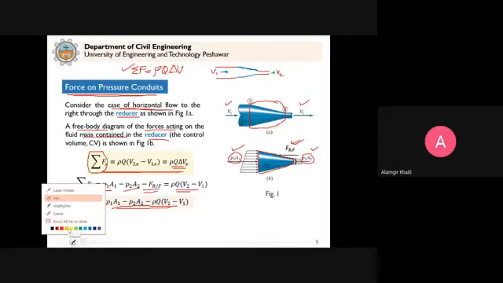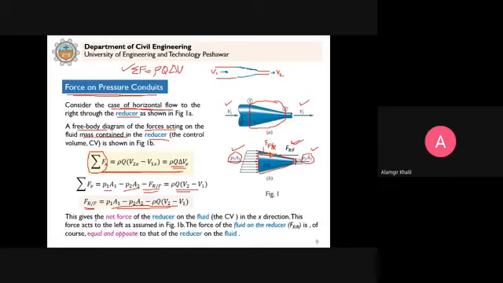The force of fluid on the reducer will be equal and opposite to this force here. So this equation gives the net force of reducer on the fluid in the x direction.